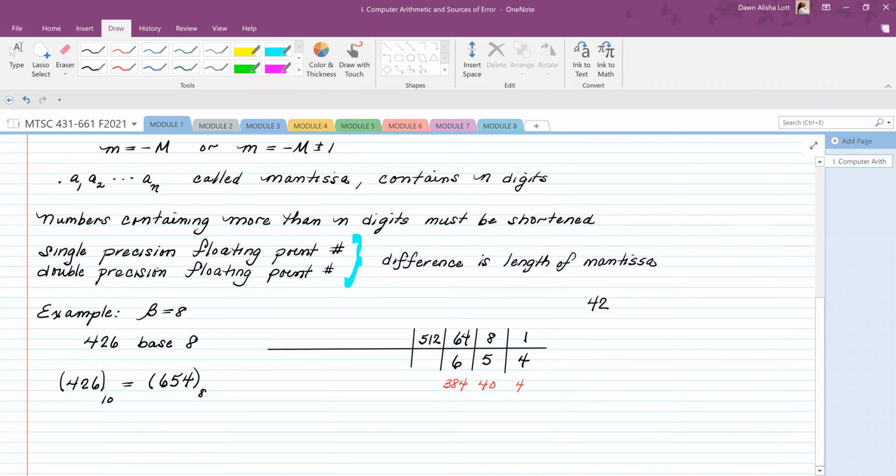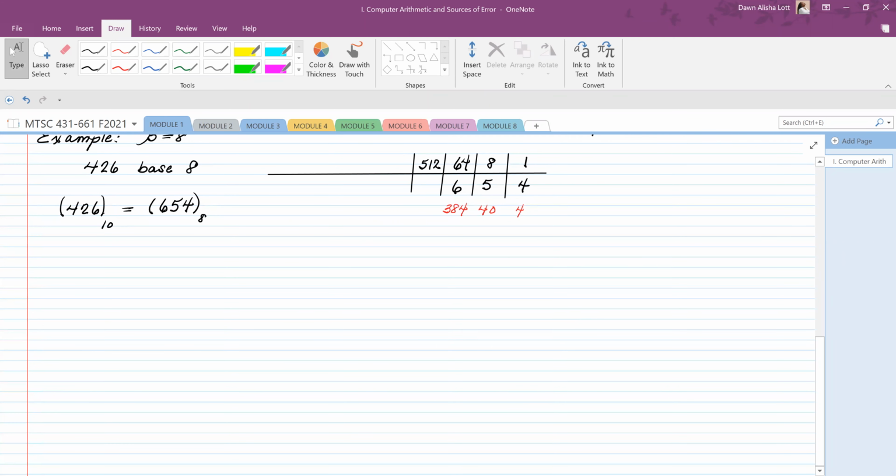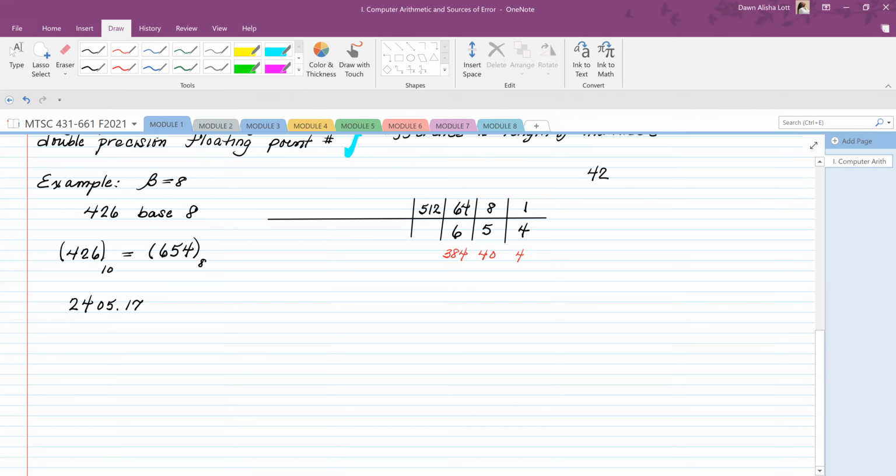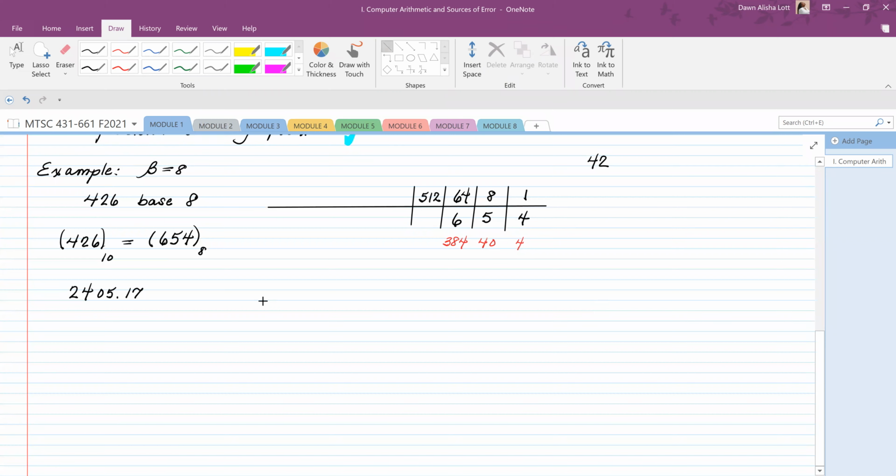Now this can even be more difficult when you have a number like 2,405.0.17. Now this becomes even more difficult because how is the computer storing this in base 8? Okay, the first one didn't have a decimal. This one has a decimal.